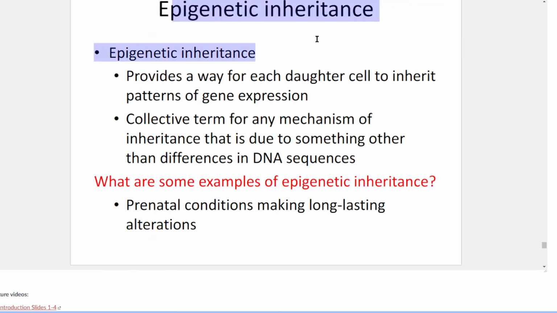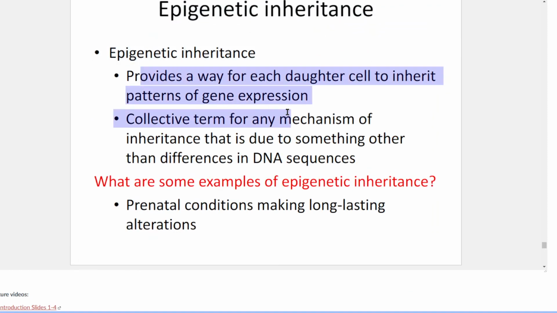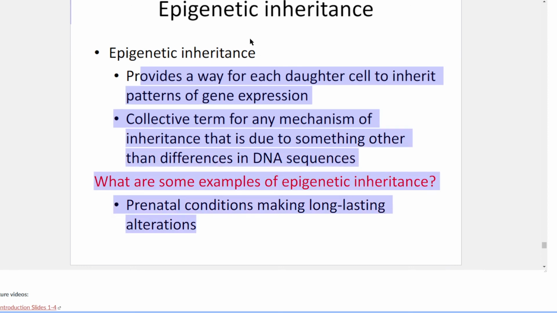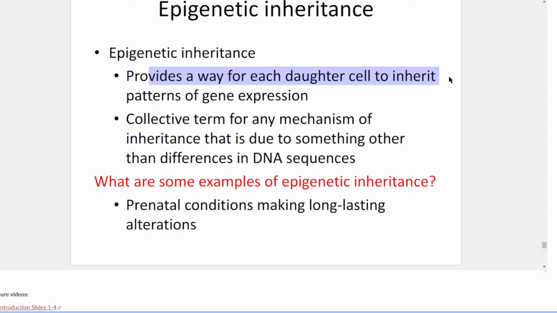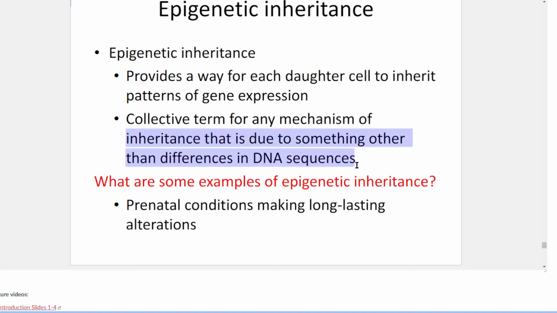Okay, epigenetic inheritance. It's a way for each daughter cell to inherit patterns of gene expression, a general term for any mechanism of inheritance that does something other than change the DNA sequence.